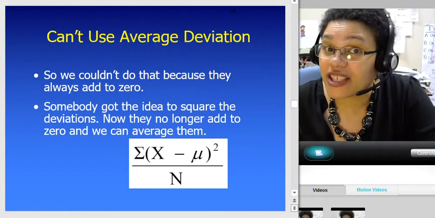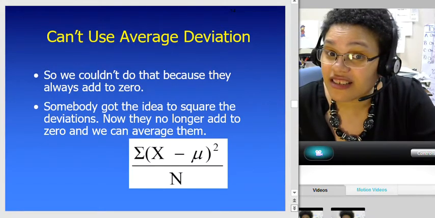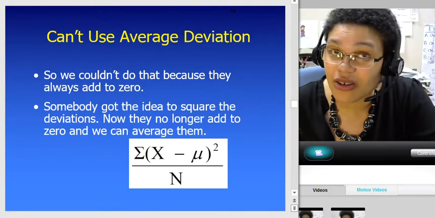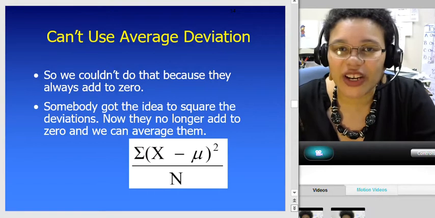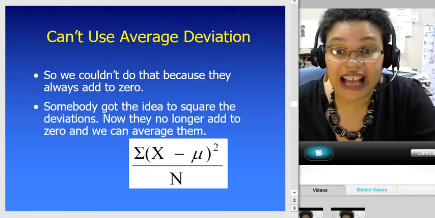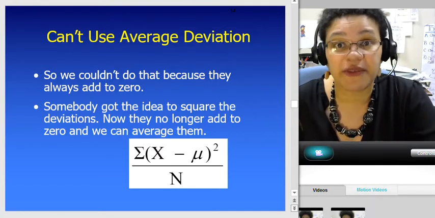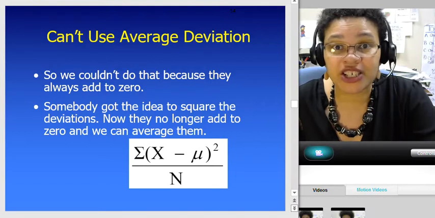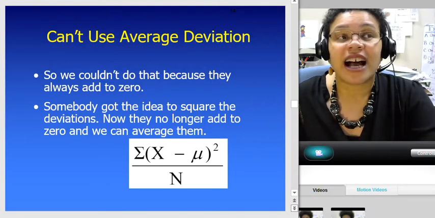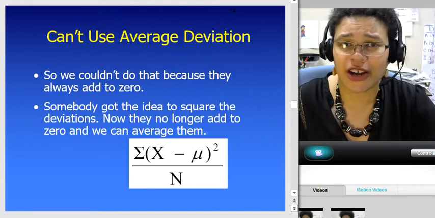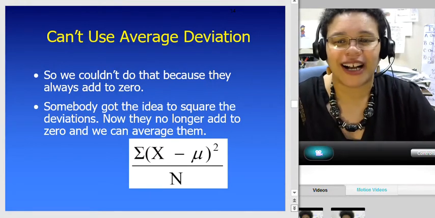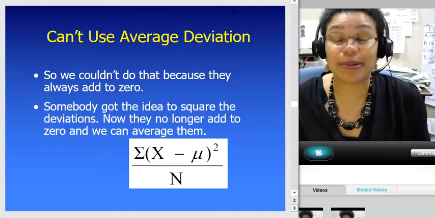If we can't use the average deviation, because it's always going to add to zero, somebody got the idea to square the deviations. Now they no longer add to zero and we can average them. It must have been a mathematician, because I don't think the rest of us think, let's just square the number and that'll solve the problem. But it does work.